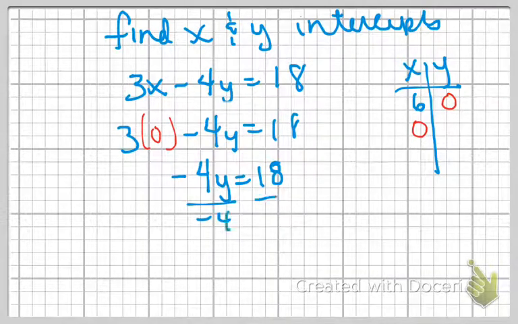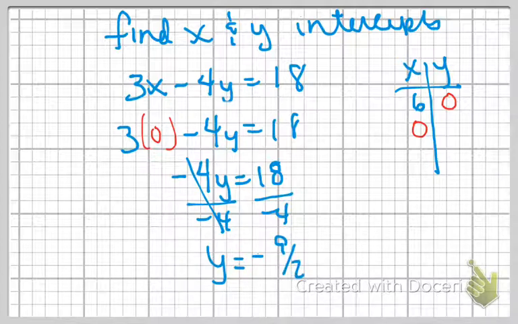Divide by negative 4. So y equals negative 18 over 4, and when I reduce this, I get negative 9 halves, which is 4.5. So our y-intercept is really negative 9 halves, or negative 4.5.